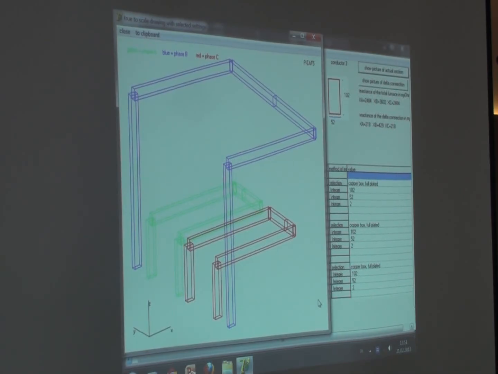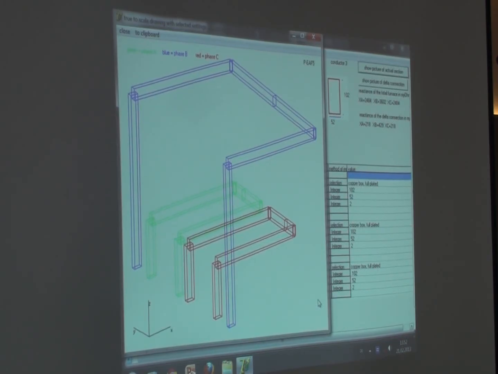But there are also impedances in this network. And these impedances come from this unsymmetrical connection. You see, this is on the delta side, on the star side, but they are calculated from the delta side to the star side, and we must calculate it back.